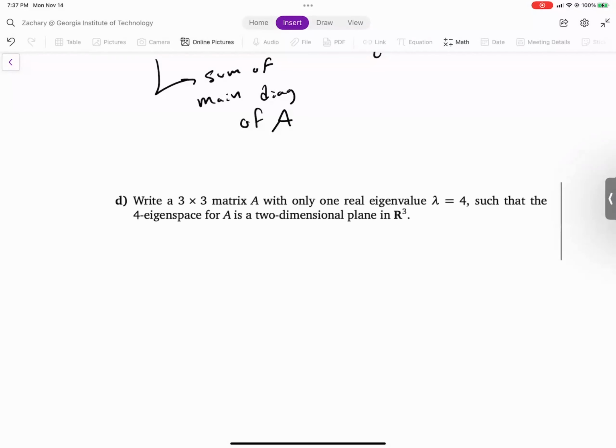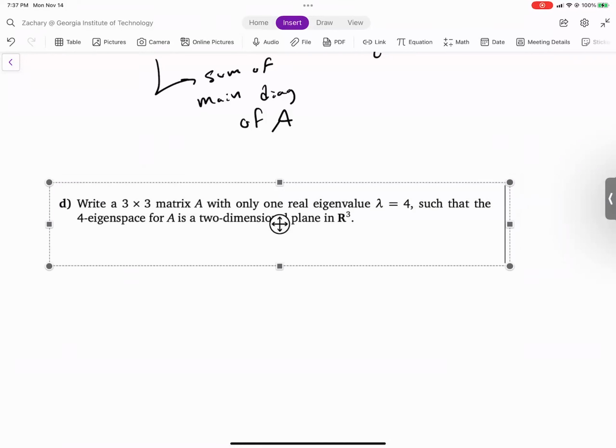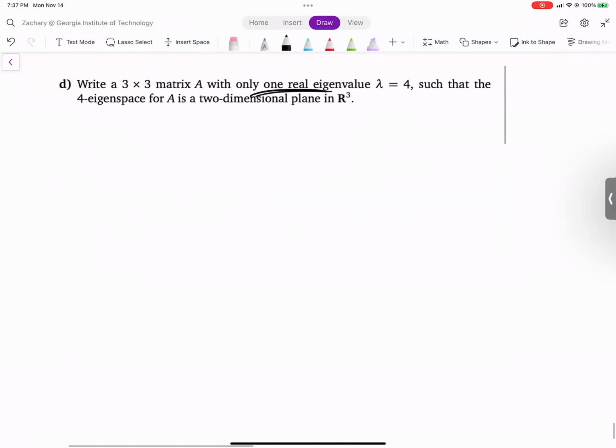All right. What this question says is write a 3 by 3 matrix with only one real eigenvalue, such that the 4 eigenspace is 2-dimensional. So that means we have a geometric multiplicity of 2. A plane is 2-dimensional.